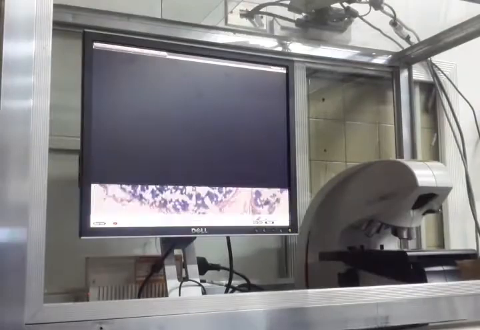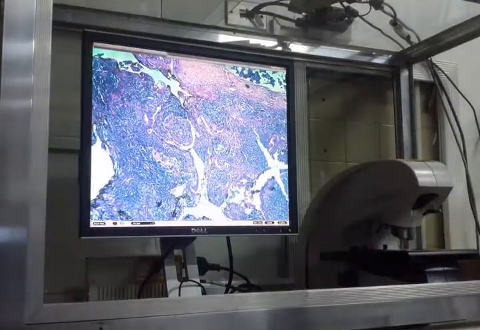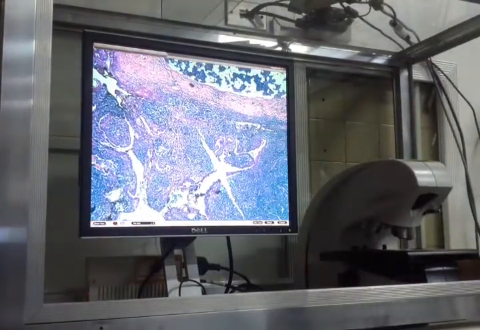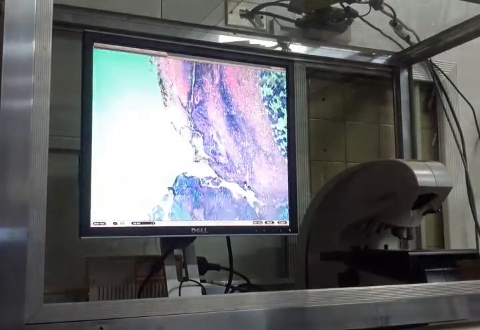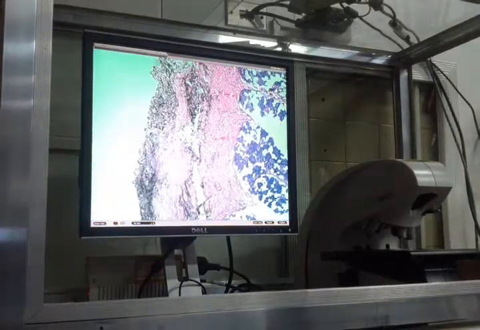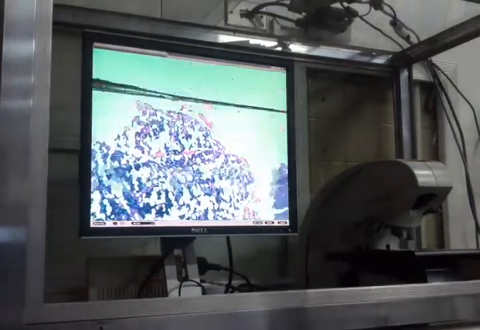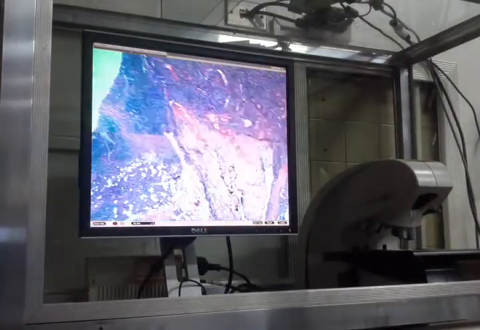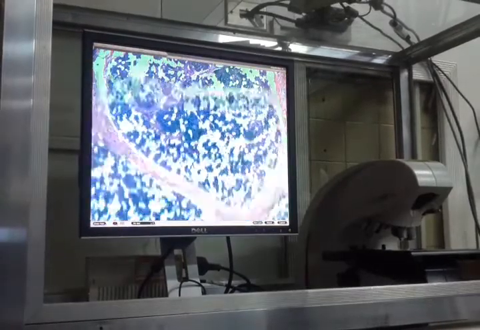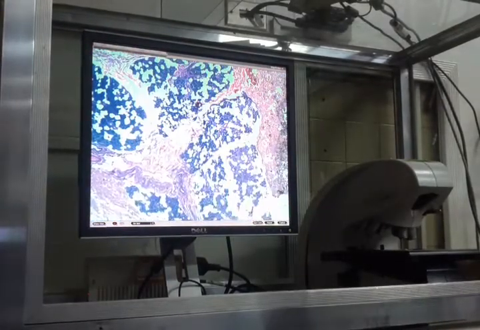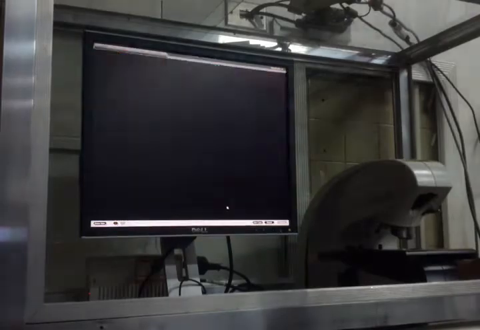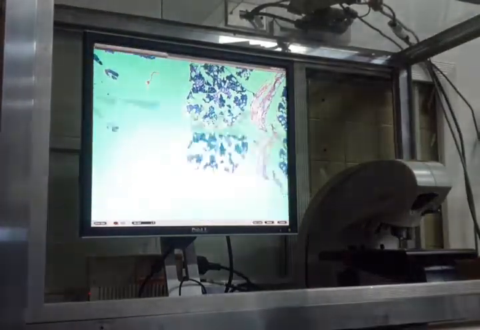So pag nakita nyo itong tissue na to sa practical exams nyo next week, ang sabi sa laboratory guide nyo, it is an example of coming from a patient with SLE. SLE or systemic lupus erythematosus.